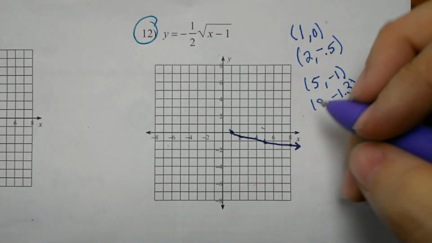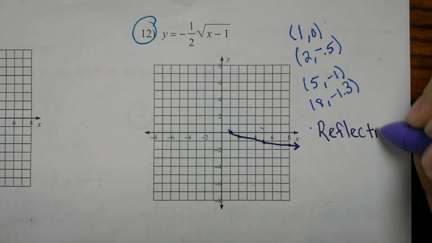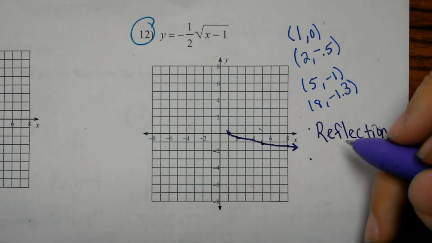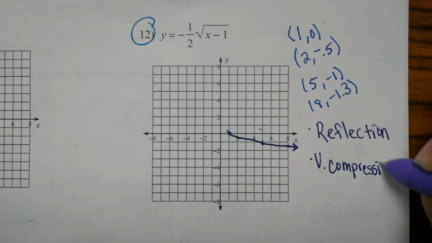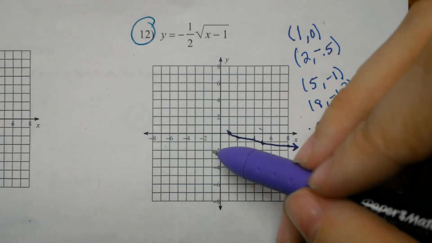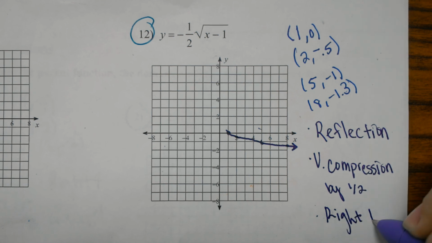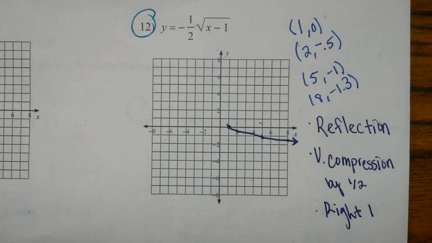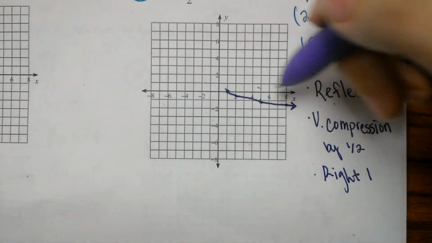And it's upside down again. So it's a reflection. And it's flat, that's a vertical compression by 1/2. And it went to the right one. So the domain started at 1 and it kept going on.